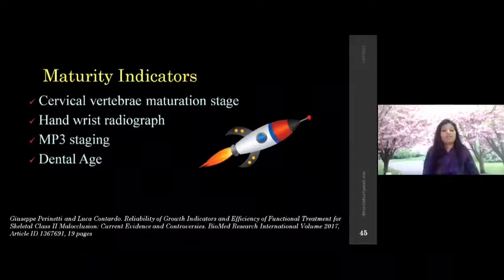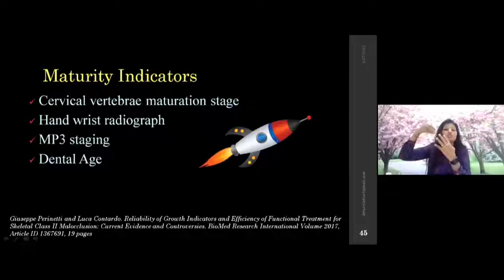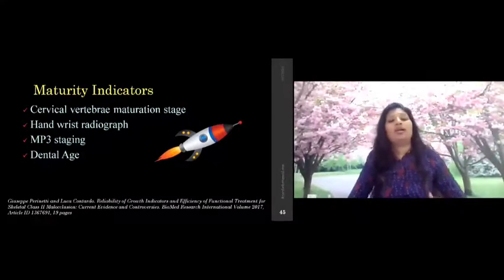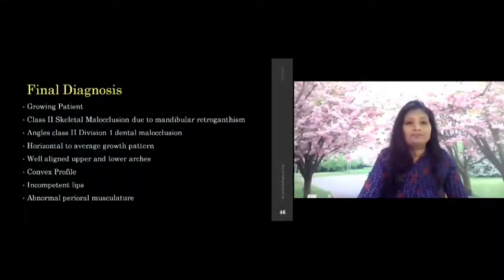Then in the hand wrist radiograph, you check the metaphysis and diaphysis of the phalanges to come to a conclusion about the growth status. In cervical vertebrae, you check C2 and C3. You check particularly the lower border of your C2 and C3. If it is rectangular, it has not developed the concavity, then the growth is still there and you can go ahead with your twin block appliance.